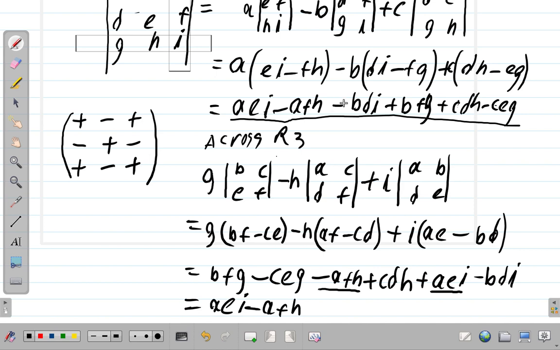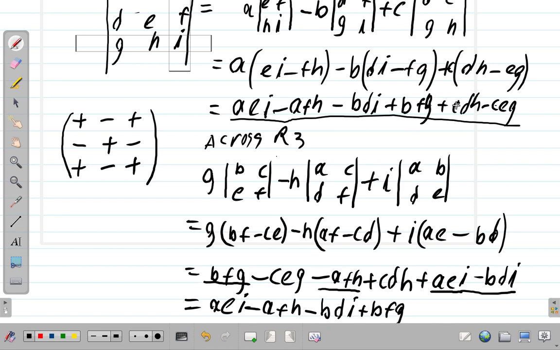I see a minus BDI. Is there a minus BDI down here? Oh, see it at the end here, minus BDI. So I write down the minus BDI. All right. There's a positive BFG up here. Let's look down here. There it is. BFG. So I have plus BFG.